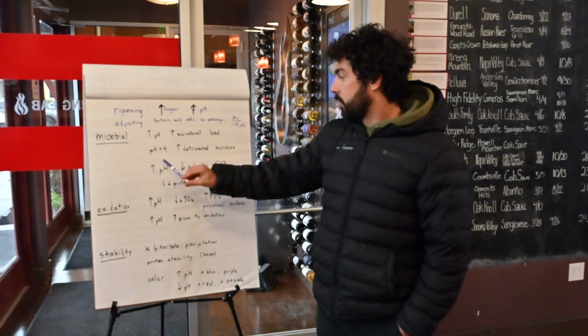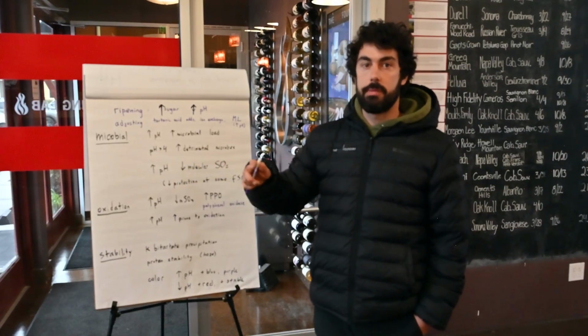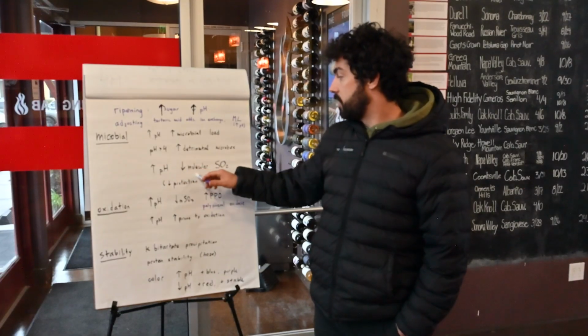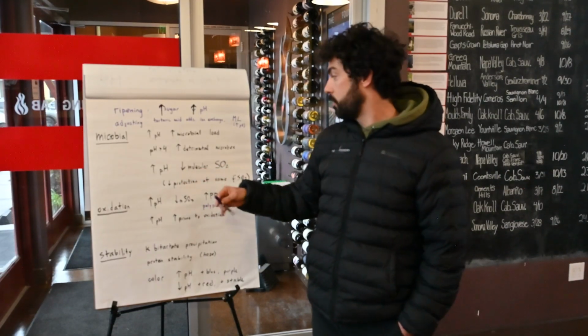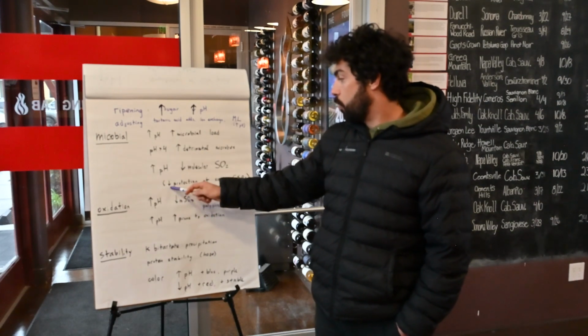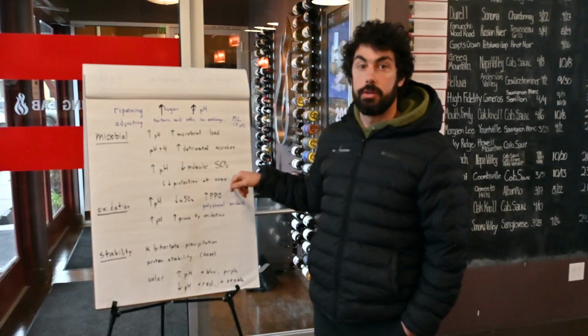Most importantly, pH affects the effectivity of sulfur. There are different types of sulfur within sulfites, but at a higher pH, the molecular fraction of sulfur, which is what protects wine against other microbes, is lower. So that goes to say that at a higher pH, we have less protection at the same level of free sulfur.